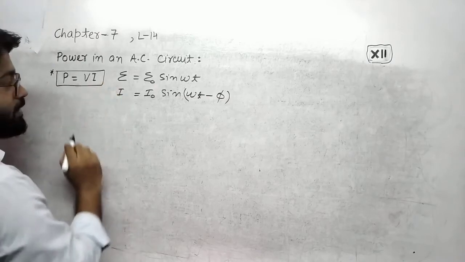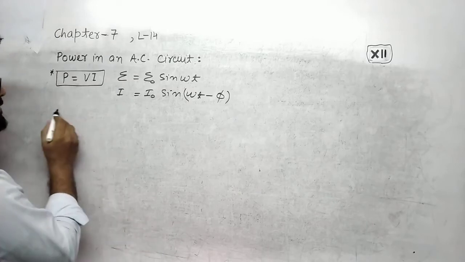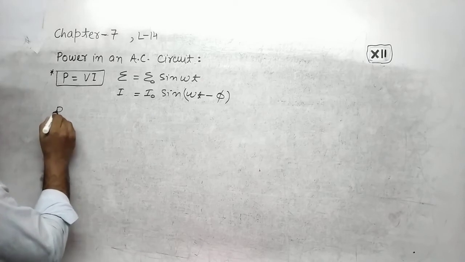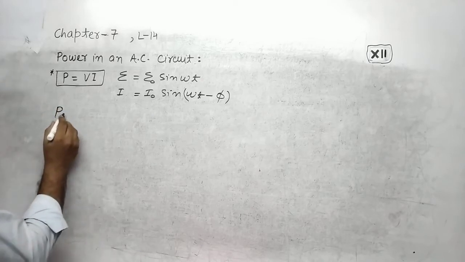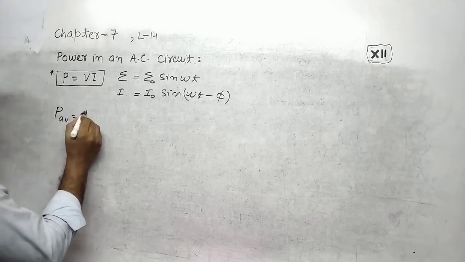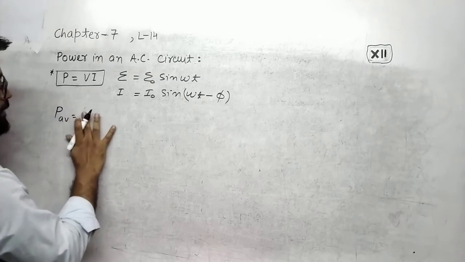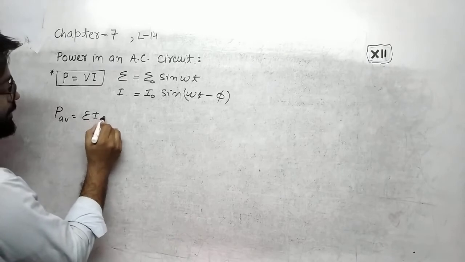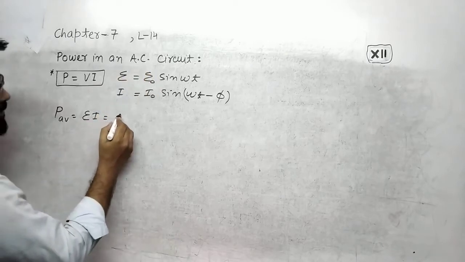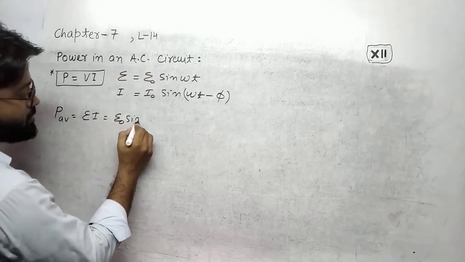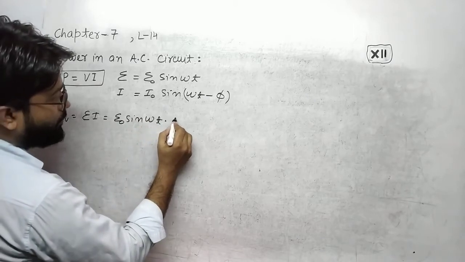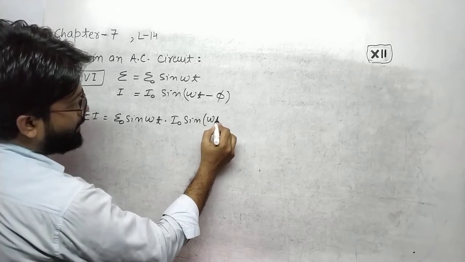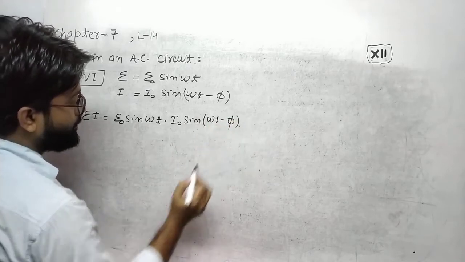It is instantaneous EMF, it is instantaneous current. Then if you want to calculate average power, you can put the values of instantaneous voltage and instantaneous current here: E naught sine omega t into I naught sine (omega t minus phi).